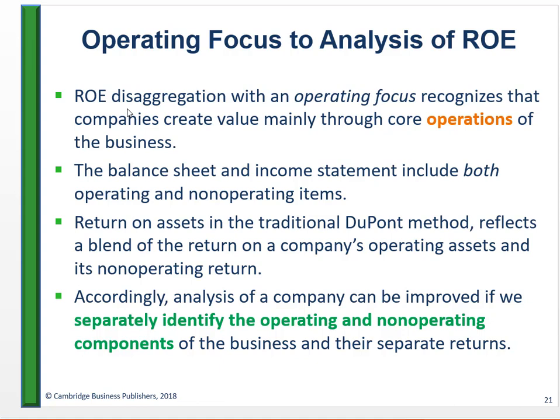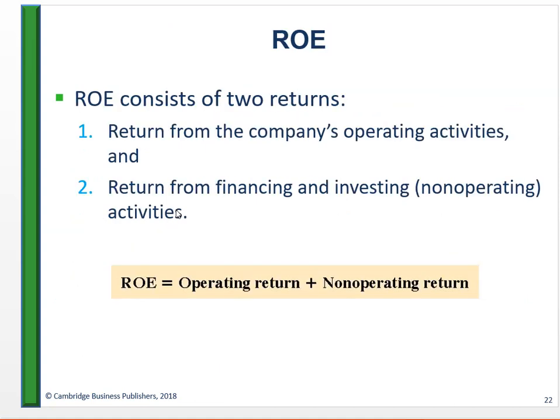We're going to use the terms as defined by our authors. So just flag this and be able to come back to it in the future. In this module, we're going to look at a separate analysis of ROE, where we break down ROE with, again, an operating focus. And let's dive into that here again.